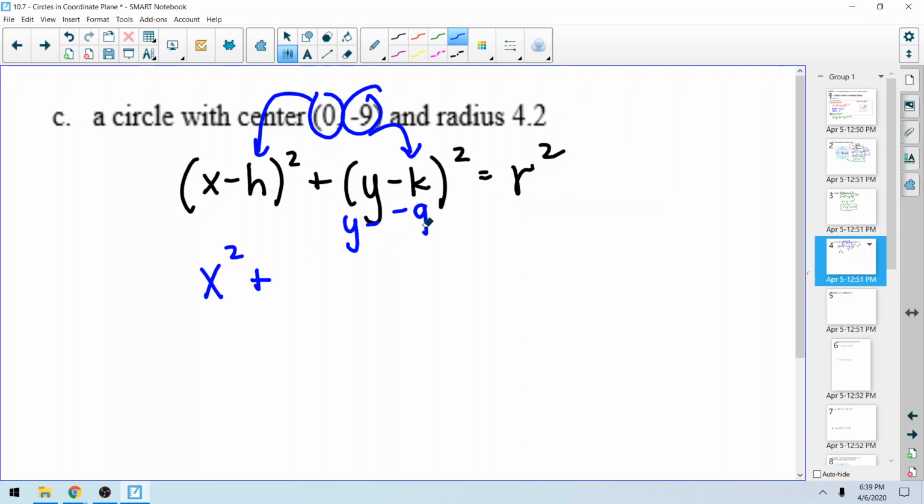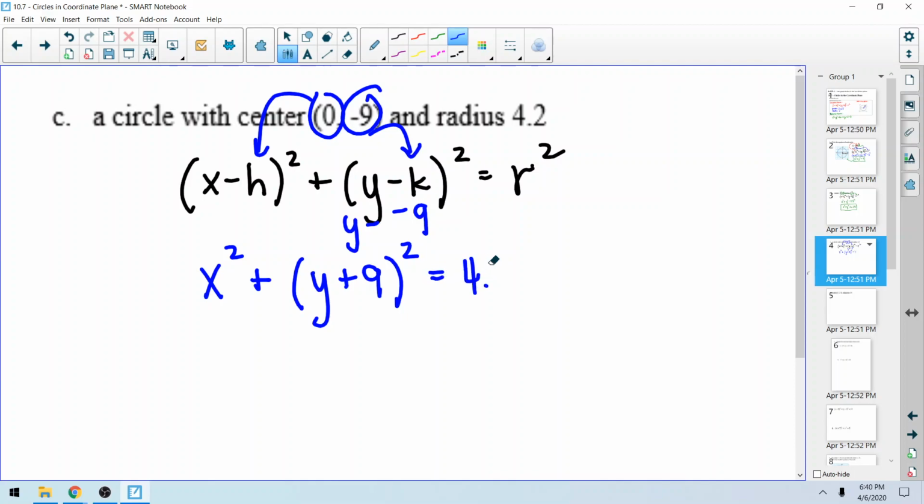The answer is the negative and the minus kind of cancel each other, and you're going to be looking at y plus 9 squared. Keep in mind if you're looking at your equation and it says y plus 9, that y-intercept is really at negative 9. They're kind of like opposites, just like when we found the vertex in vertex form of a quadratic, if you can remember that long ago.